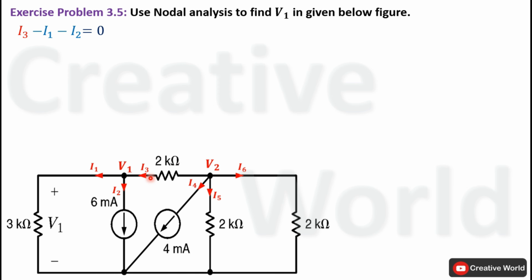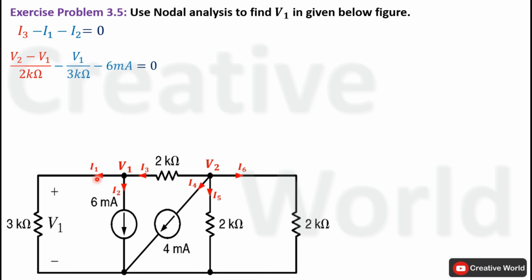Now we will see the direction of current I3. I3 is flowing from node voltage V2 to V1, which means node voltage V2 is considered higher than V1. So the difference of these two node voltages across this 2 kilo ohm resistance will be taken as V2 minus V1 and current I3 equation will be (V2 minus V1) divided by 2 kilo ohm.